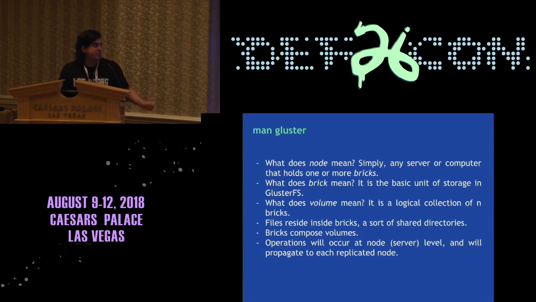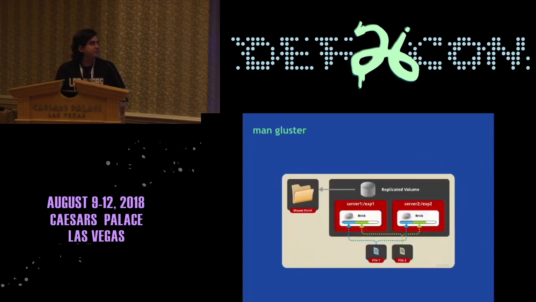Bricks compose volumes. All operations will occur at node level and will propagate accordingly. This illustrates basically everything I said before. You have the mount point on your operating system, the replicated volume, and the files on the bricks.